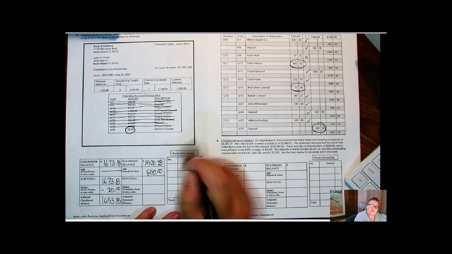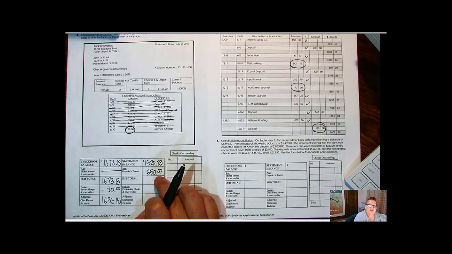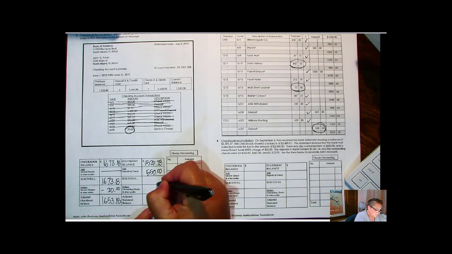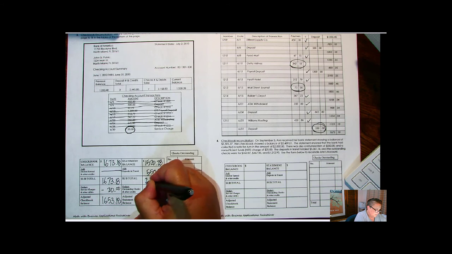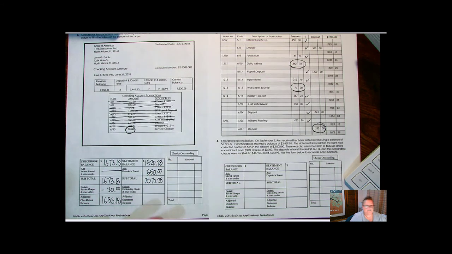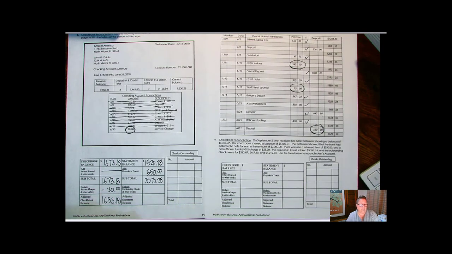I have that in my checkbook, but it is not on the bank statement. So that is a deposit in transit. This gives me a subtotal in that column of $2,070.28.